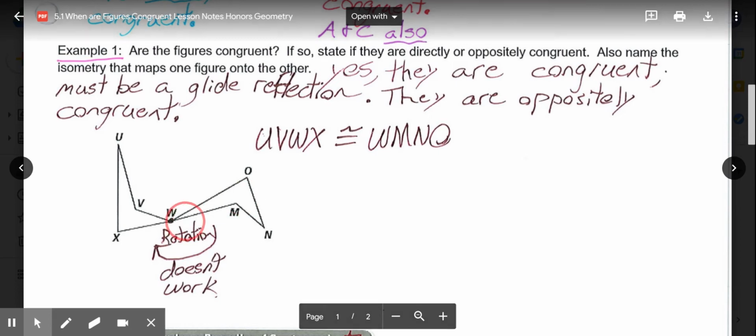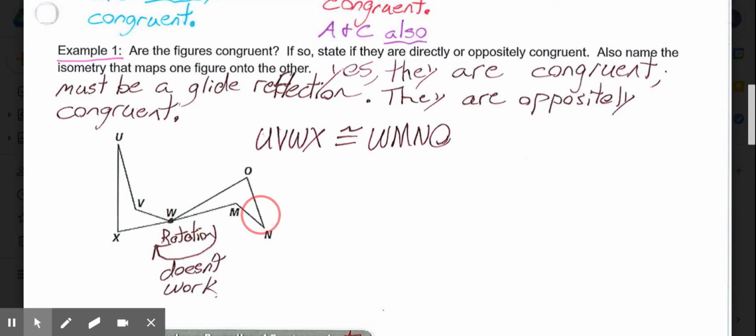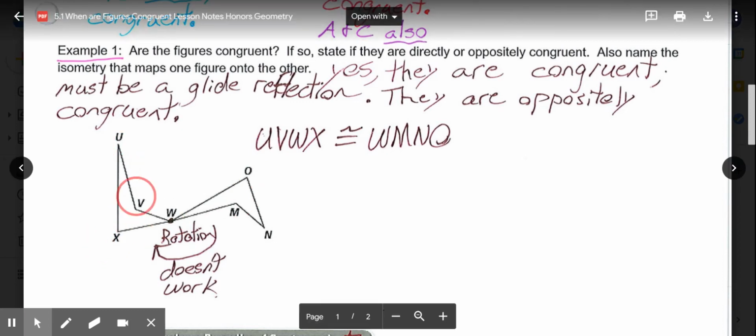If I look at the orientation of figure WONM and then figure WXUV, I can tell by spinning one of these figures onto the other that it doesn't work. If rotating one onto the other doesn't work, that tells me they have opposite orientations.